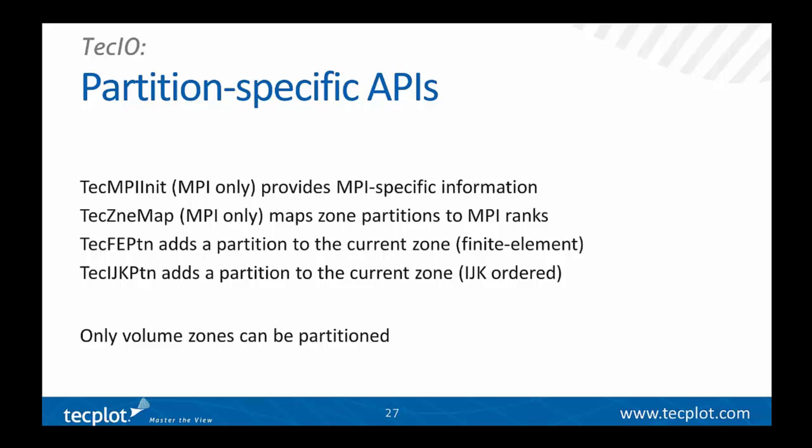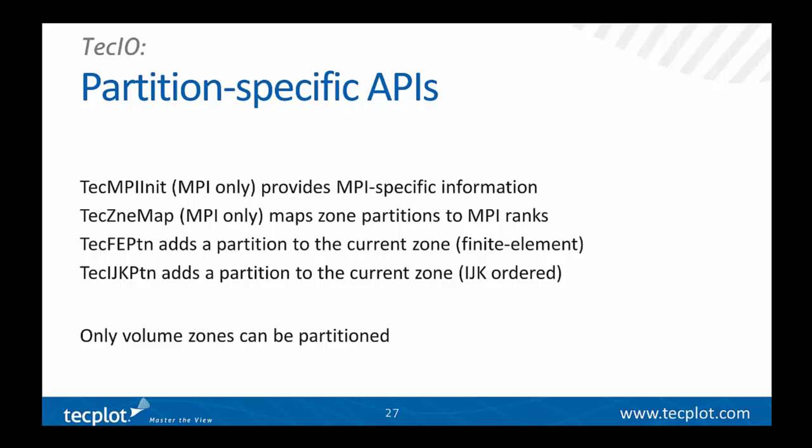So for MPI only, we have TechMPI init, in which you pass it a couple of MPI-specific pieces of information. And then for partition zones, this TechZNE map tells the library which processor or which MPI rank owns which partition number for a particular zone.